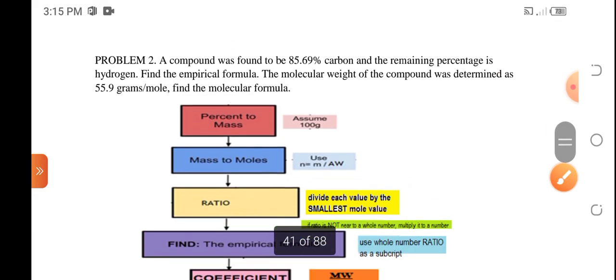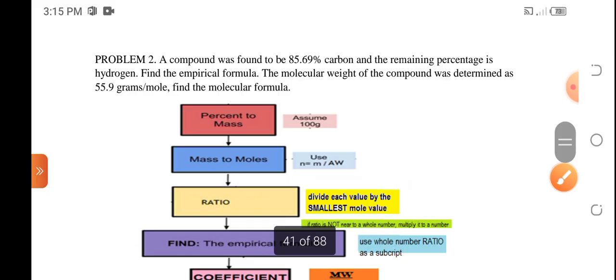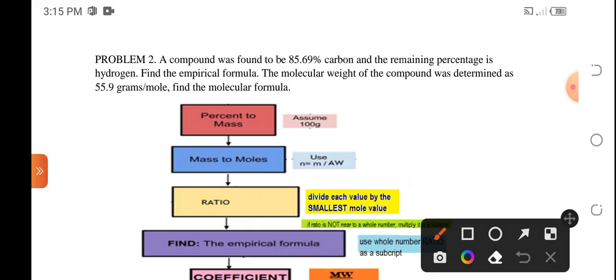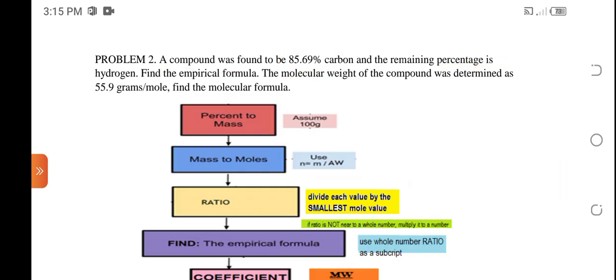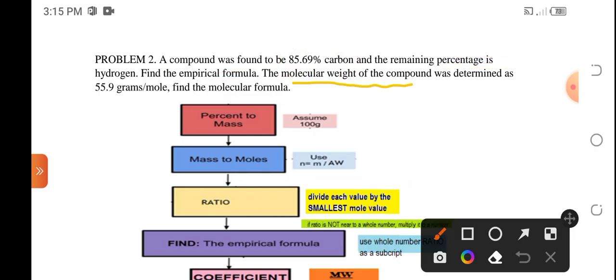Another problem, another example. So here, a compound was found to be 85.69% carbon and the remaining percentage is hydrogen. So you have to find the empirical formula, and given that the molecular weight of the compound was 55.9 grams per mole, you also have to find the molecular formula.